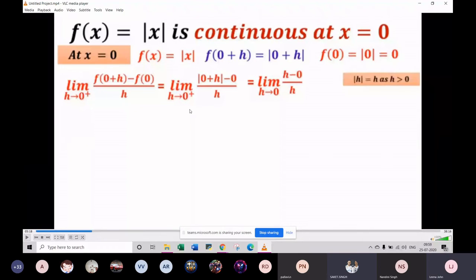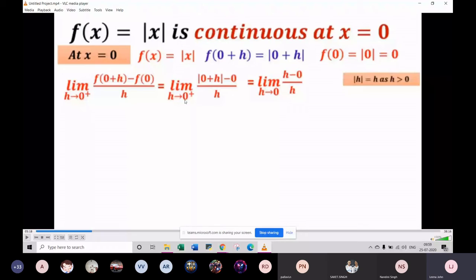See how to find this. Limit h tends to 0 plus, f of 0 plus h minus f of 0 by h. That means, you write the function f of 0 plus h means f of h. f of h means you substitute here, okay? So you will get modulus of h by h. h tends to 0 plus means h is greater than 0.